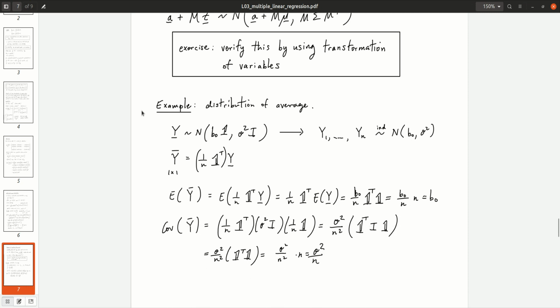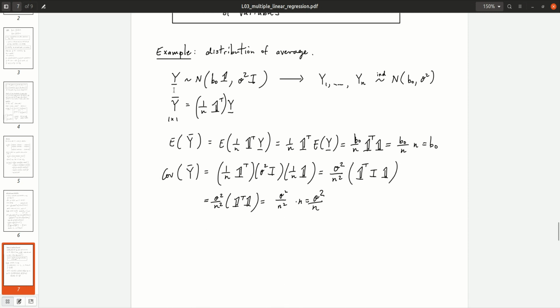So if we start with a random vector y that has mean b0 times the one vector, all this means is the mean vector is b0, b0, b0, n times, and covariance matrix sigma squared I. We derived before that if you have a multivariate normal vector with this form, it's really the same thing as a set of independent normals, each with mean b0 and variance sigma squared.